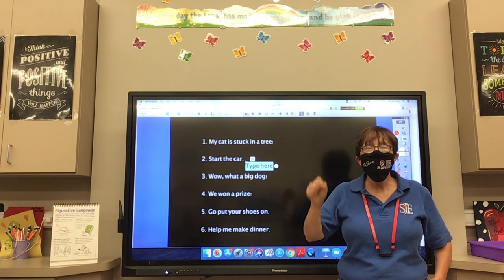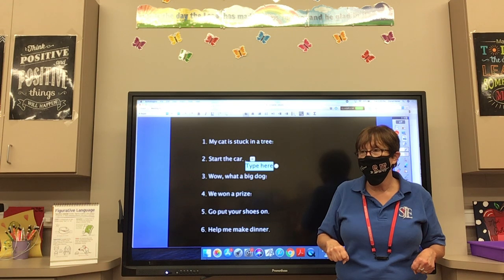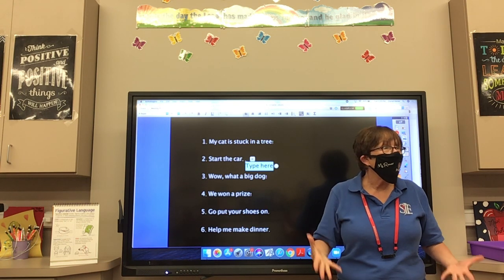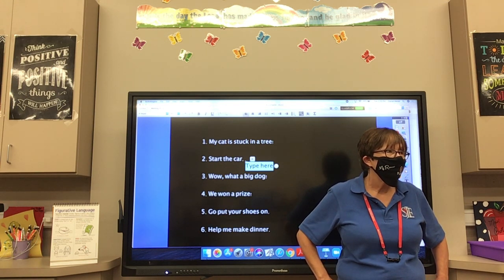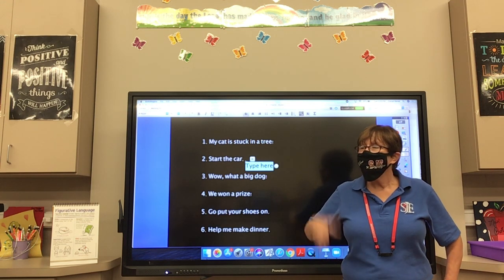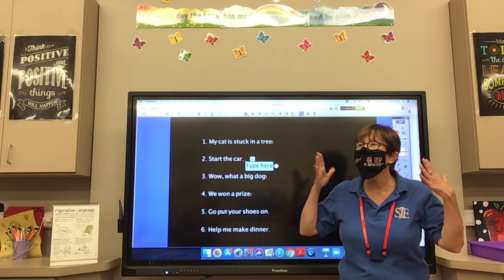Okay. If you're walking down the street and a piano is going to fall on your head, that's a command if I say get out of the way. But am I just going to say it like that? Get out of the way. Or am I going to say get out of the way! So what would that sentence end in, Olivia? Exclamation. It'd be an exclamation.